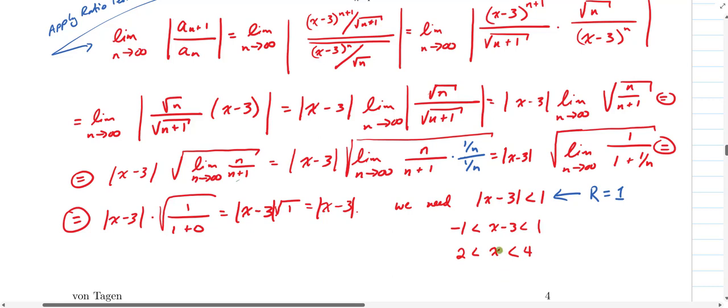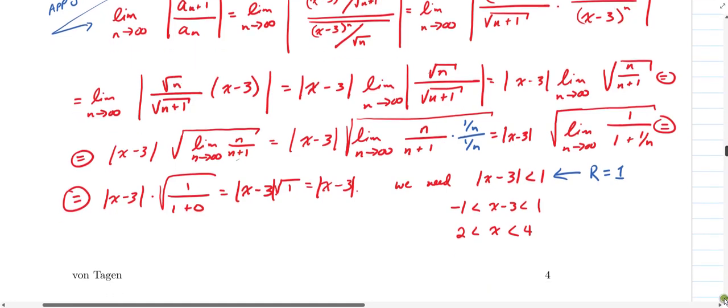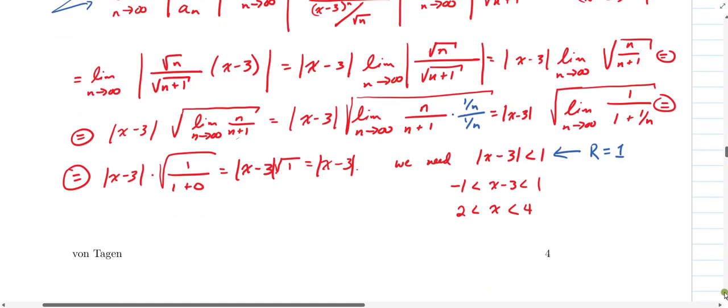Now, the interval of convergence says we also need to check whether we have convergence at these two endpoints. And so I need to examine them separately.